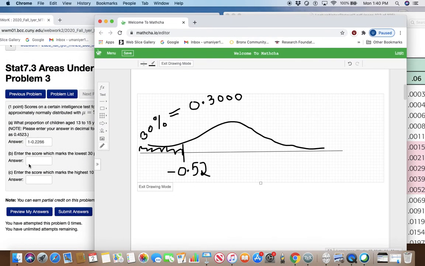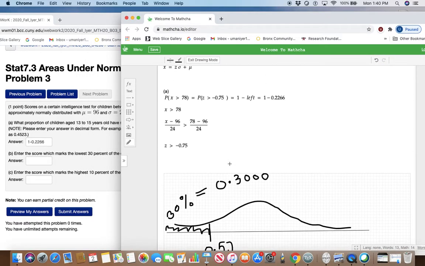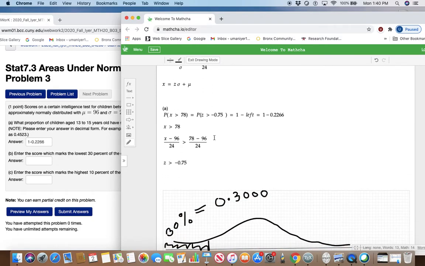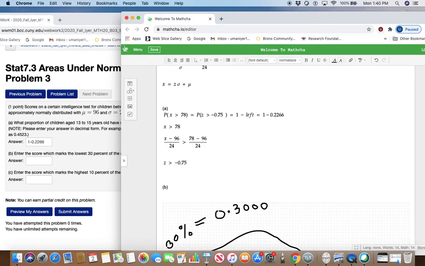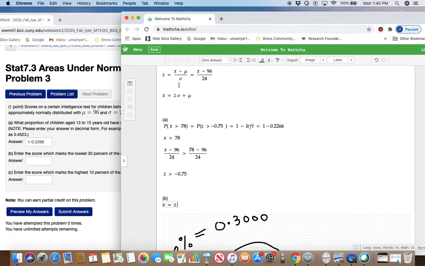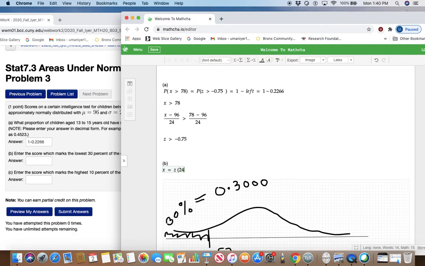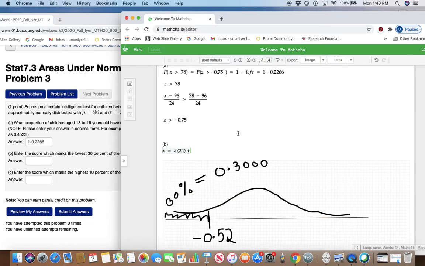That's not the question. The question is the exam score, the raw score. So if I have the Z score, how do I find the raw score? That's the formula. All right. So for part B, to find the raw score, I take my Z score, multiply it by the standard deviation, which is 24, and add the mean, which is 96.